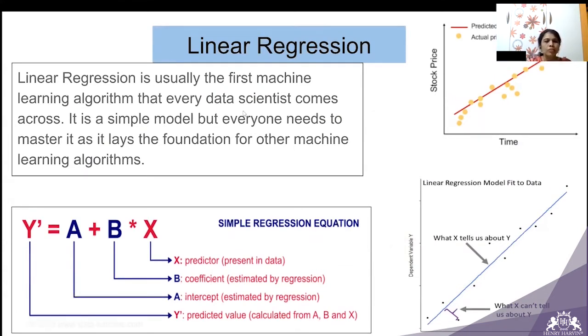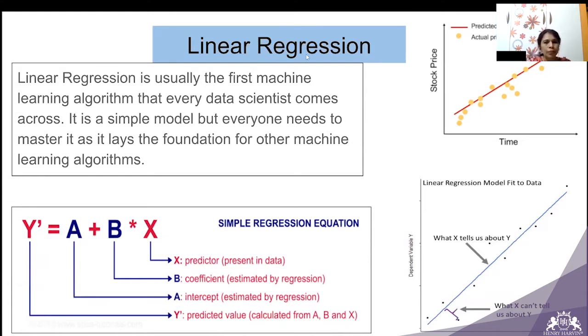Let's see what linear regression is. We are not going into the detail of it, just let me tell you what is what. I think you know the equation y equals mx plus c. That is being written as y equals a plus bx. This x is the predictor, which is the independent variable.